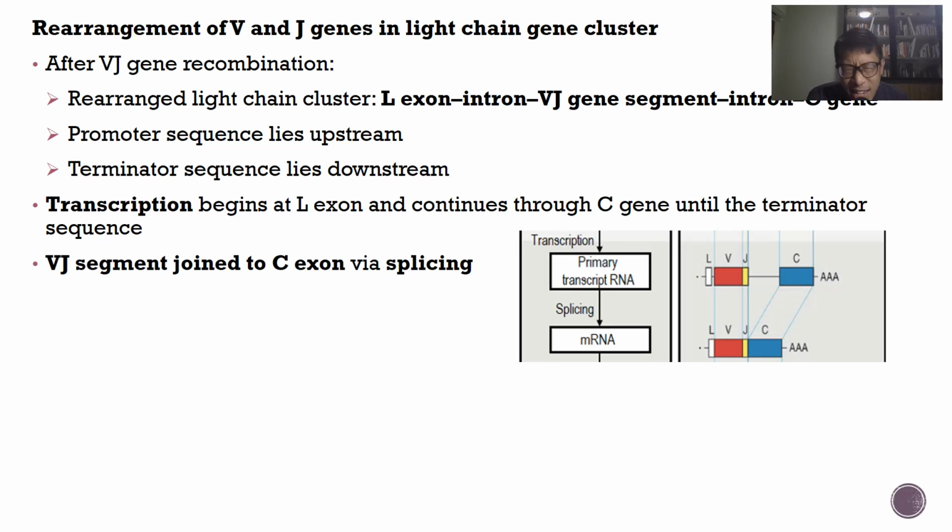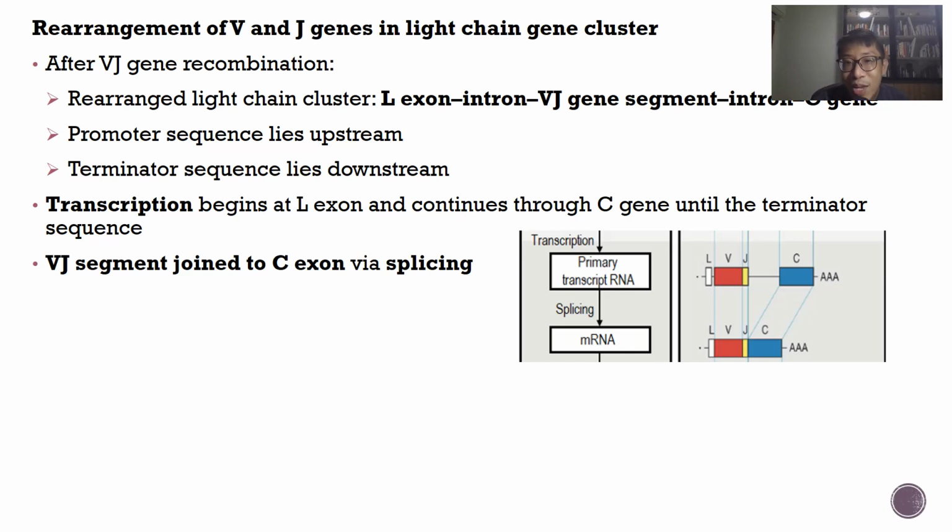After that, at the mRNA level, the exons are spliced and introns are excised. So after transcription, we would have the L exon, intron, VJ exon, intron, and the C exons.